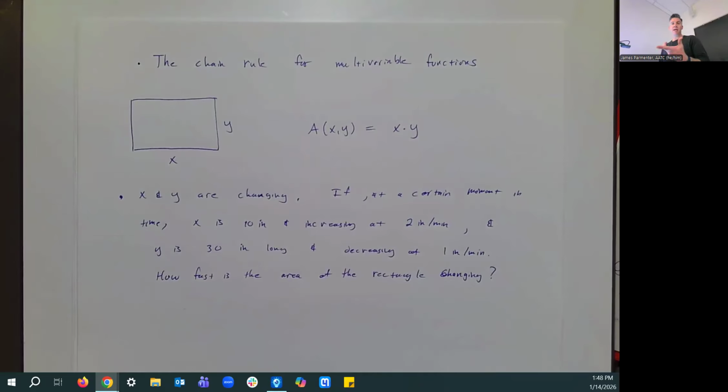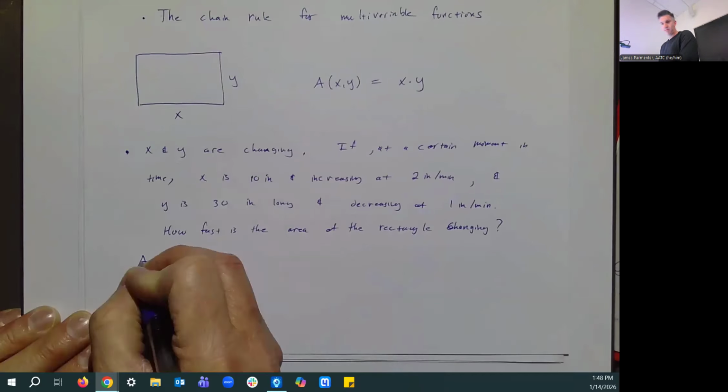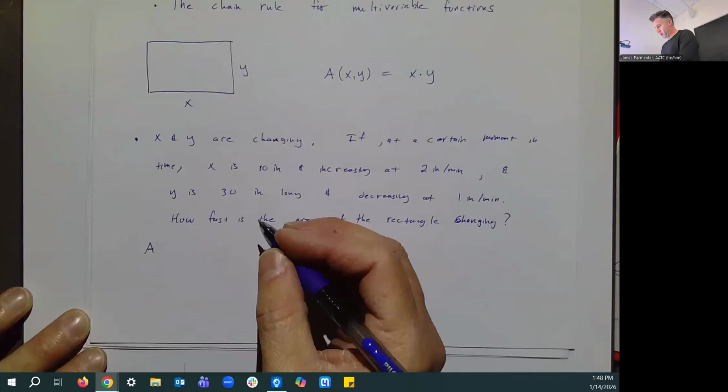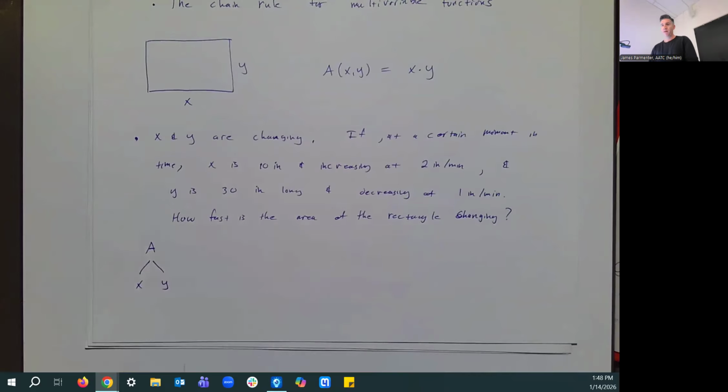Well, the idea is that area is a function of both x and y. So we're going to draw a little mapping, is what we usually call it. Area depends on both x and y. But x and y both depend on a third variable we haven't mentioned. They both depend on time, right? x and y are changing as time goes on.